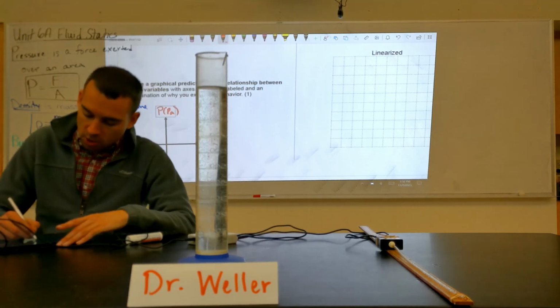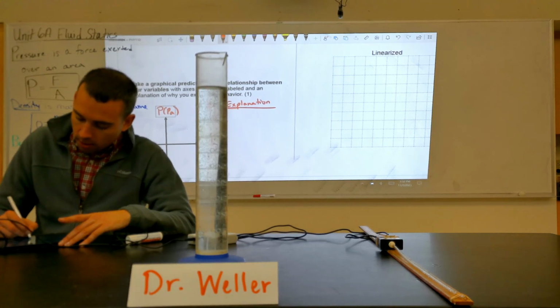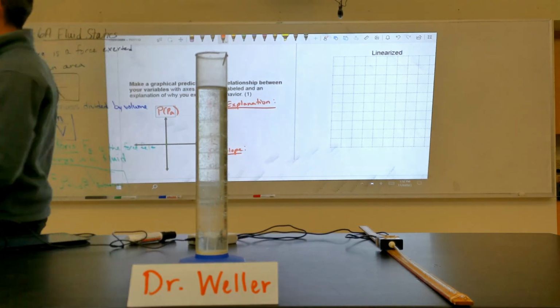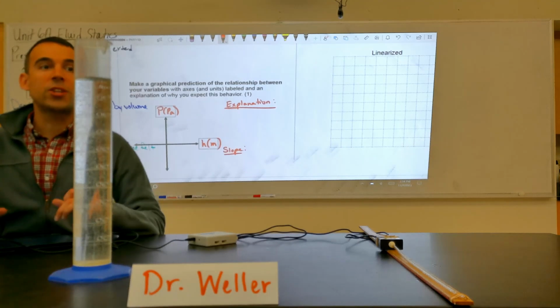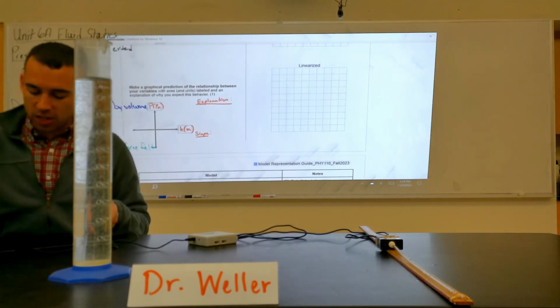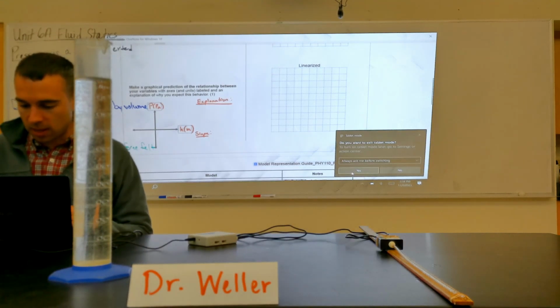Please make sure that you write an explanation. And if you guess that it's linear, can you please tell me what you think the slope will be based on? Let's take 2 minutes to do that, and then I'll send you off running. Just make sure that you get an explanation and a slope in there. I'll allow you to finish that on your free time. And let me just show you one measurement that we can take.